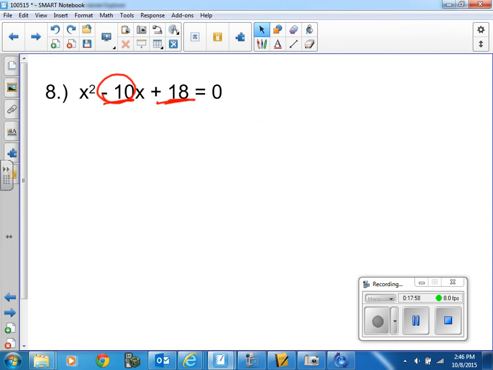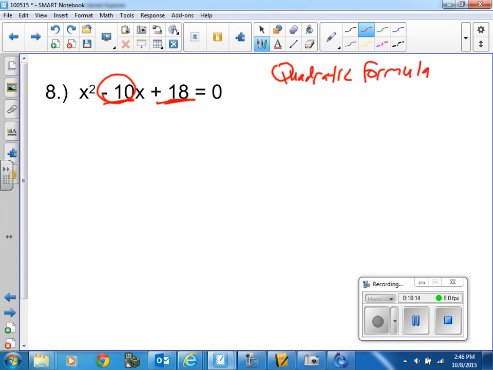So we have to use a formula that will always work when you have quadratic equations: the quadratic formula. So I'm going to write that. Hopefully you remember this. Maybe you haven't memorized it, but you should at least have seen it before.